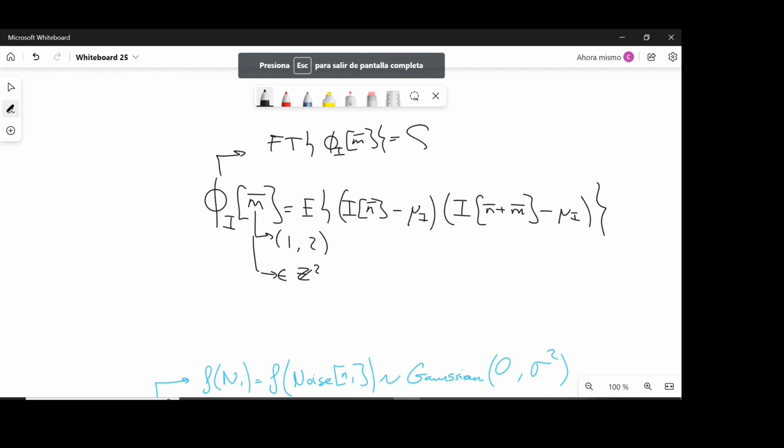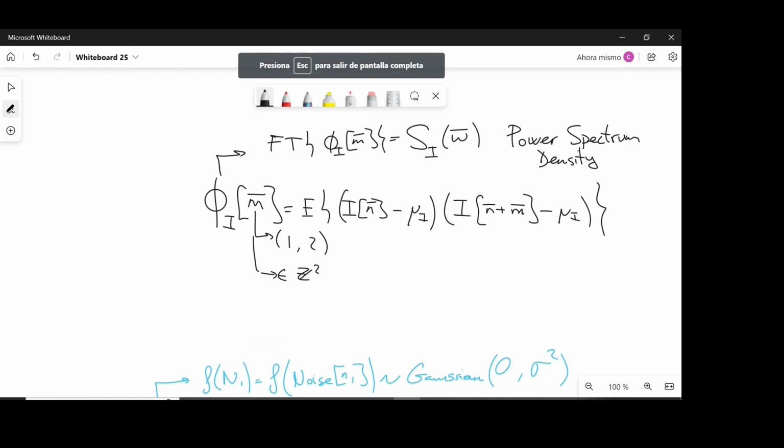So it is the power spectrum density of that image. This appeared when we introduced the Fourier transform. Okay, so this is the autocorrelation function.